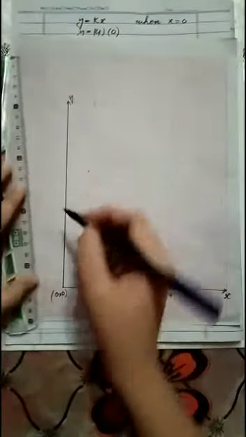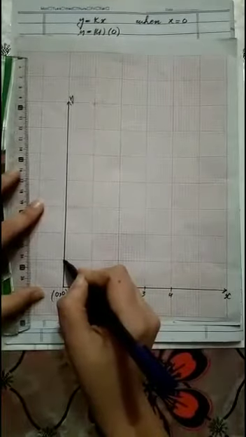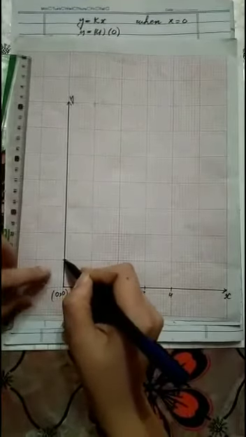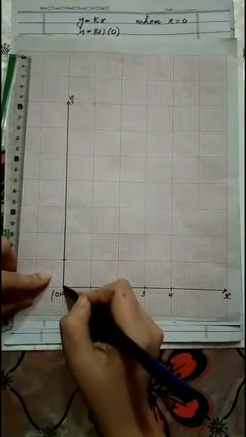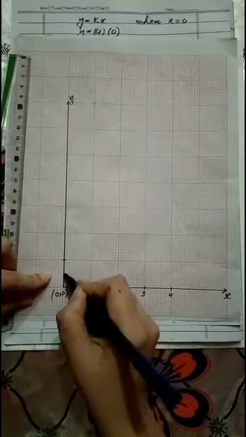axis, along the y vertical axis, we consider that the whole block is equal to 2 centimeters, which means 1, 2, 3, 4, 5.